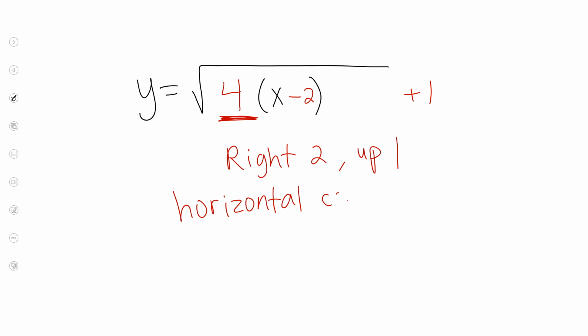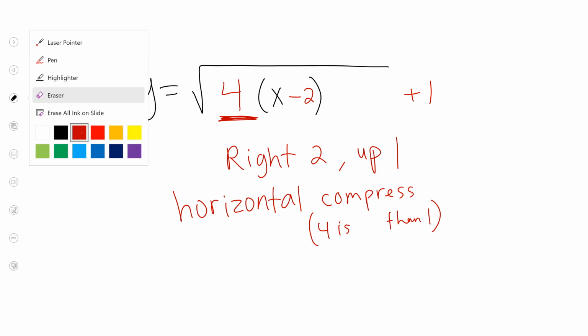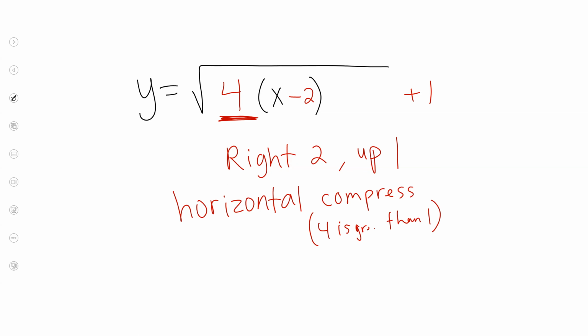It'll be a compress. And the reason why is because 4 is less than 1. I'm sorry, greater than. Thank you so much. 4 is greater than 1. Going too fast. Greater than 1. So it's a compress. If your number is bigger than 1, it's a compress. By what? 1/4. You flip it, turn it into a fraction, just flip it.